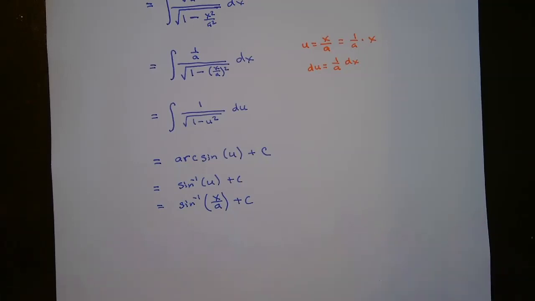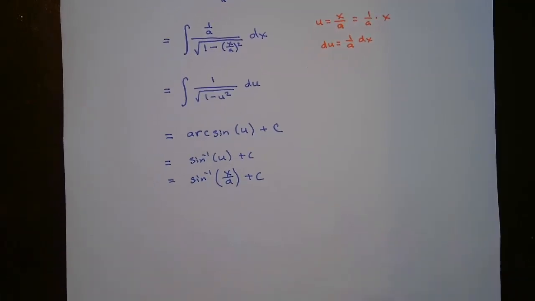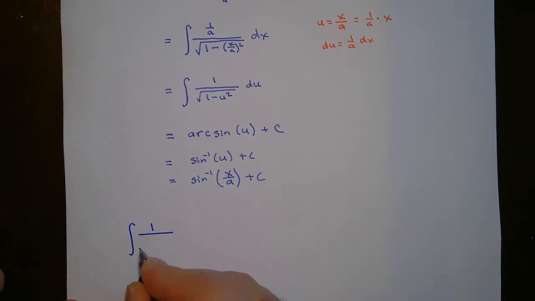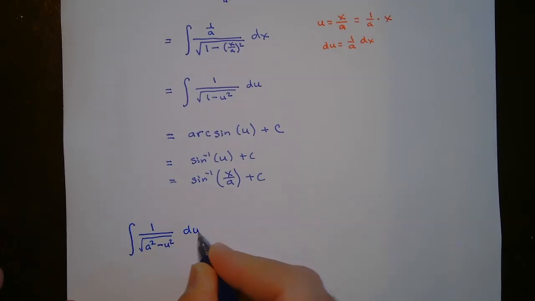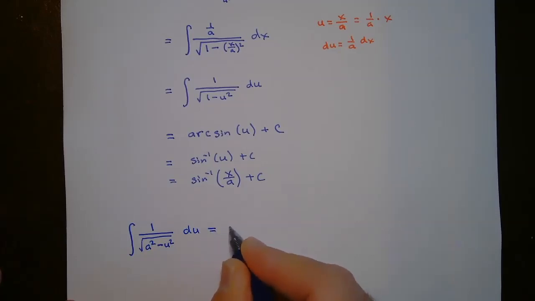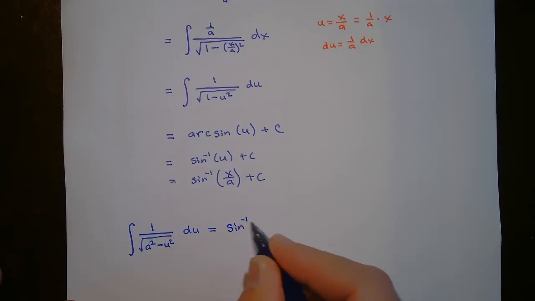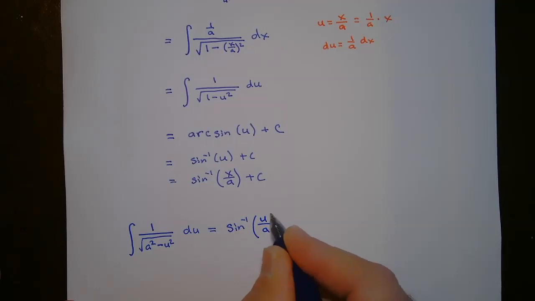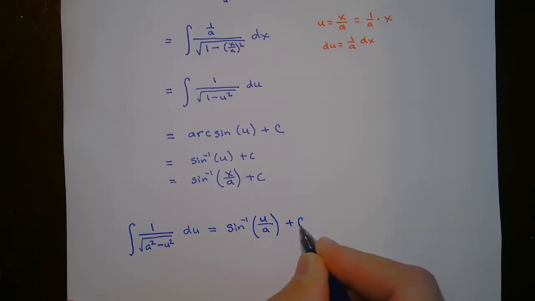And so the general form of this, when you see the integral of 1 over the square root of a squared minus u squared du, this will always equal the sine inverse of u over a plus some constant c.